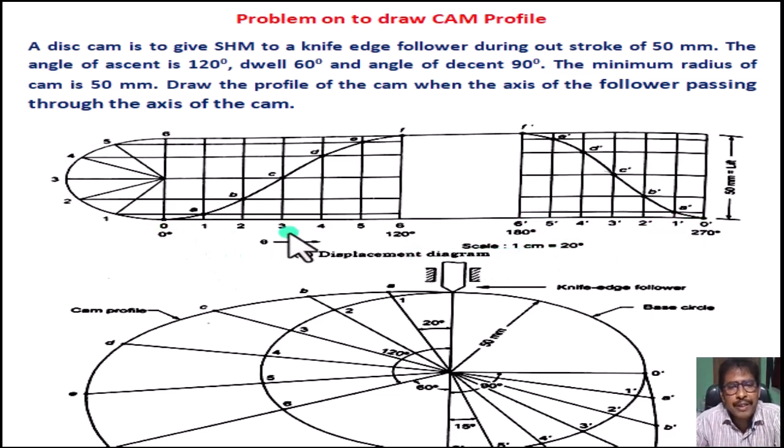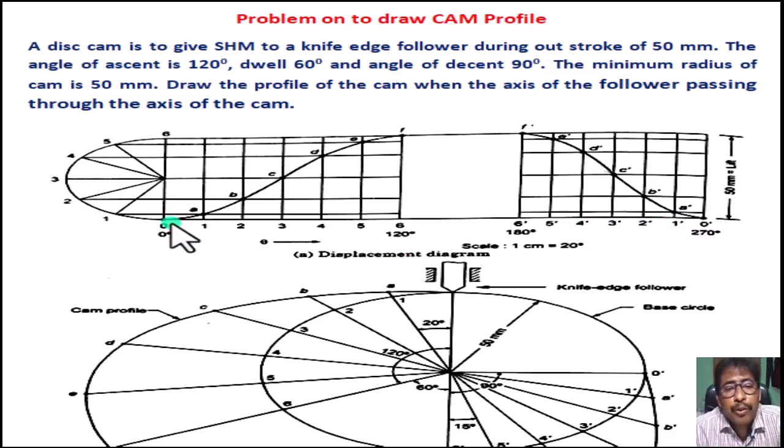So this is the angle of ascent, 6 centimeters. This is the angle of dwell, 3 centimeters. This is the angle of descent, 4.5 centimeters.